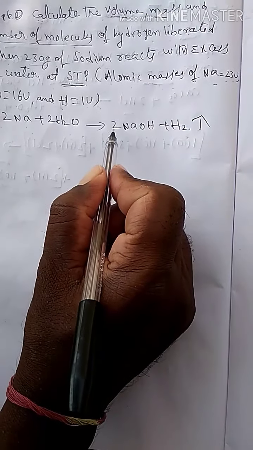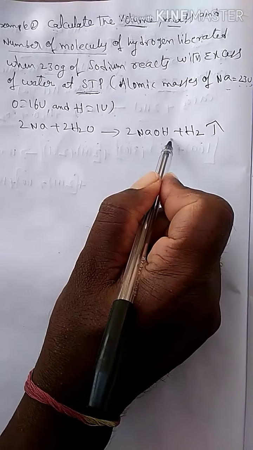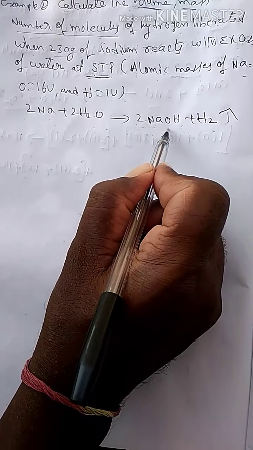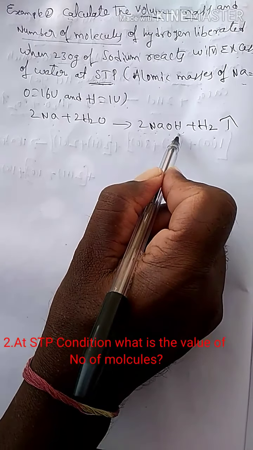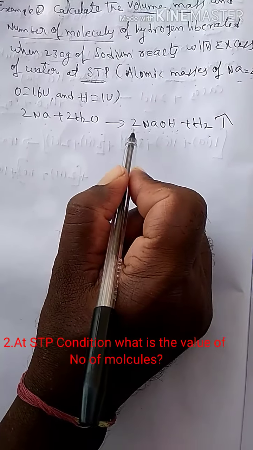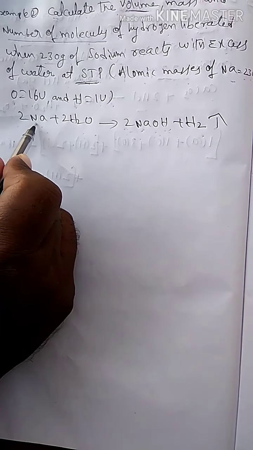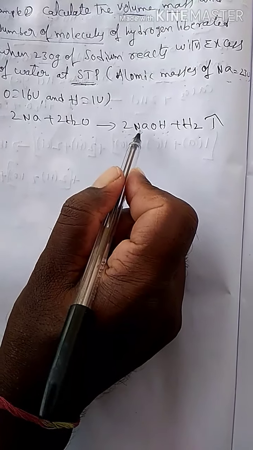At the same time 2 NaOH, that is 2 sodium, 2 oxygen, 2 hydrogen. How many sodiums are there? Only 2, and on the product side also only 2 sodiums. Sodiums are already balanced.